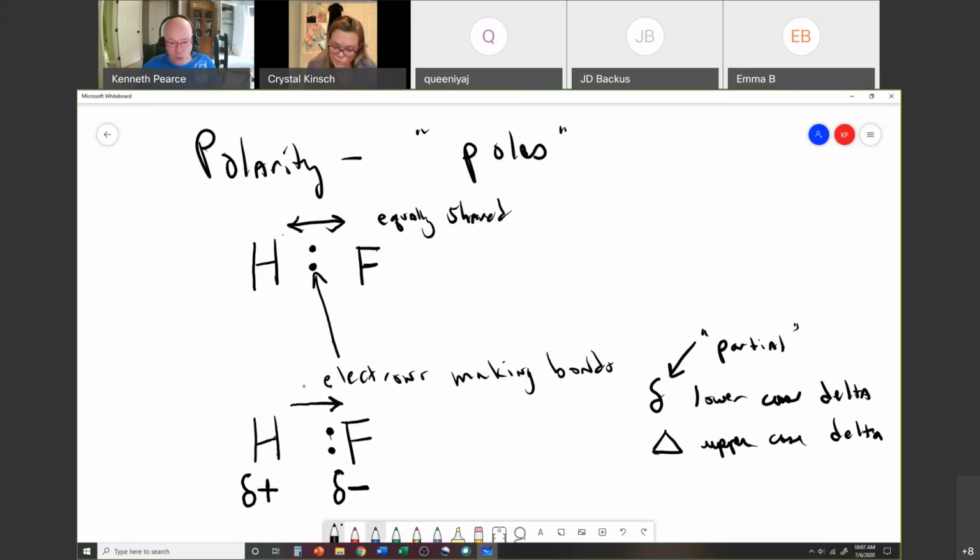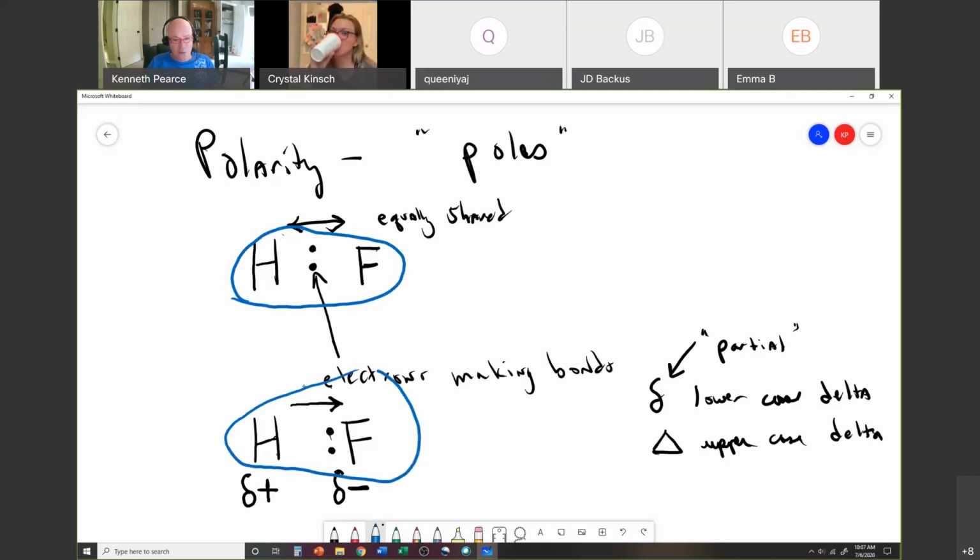Now, if we were to draw the electron density around these guys, without the electrons moving, we would expect it to be a symmetrical molecule with respect to the electrons. But if we were to draw this in terms of how much the electron density is, in other words, bigger circle means more density, then we'd expect that the electron density would show up as being more on the fluorine.